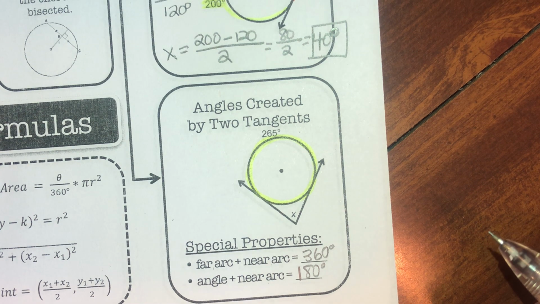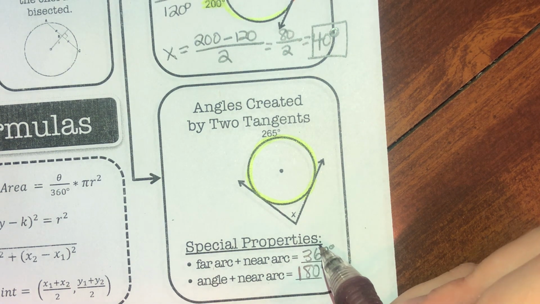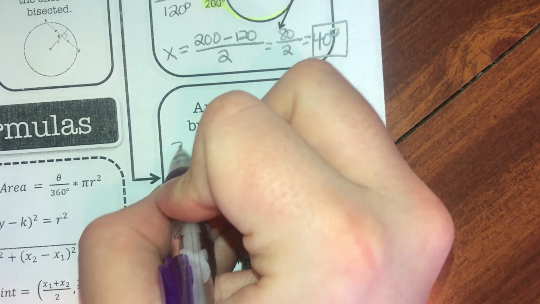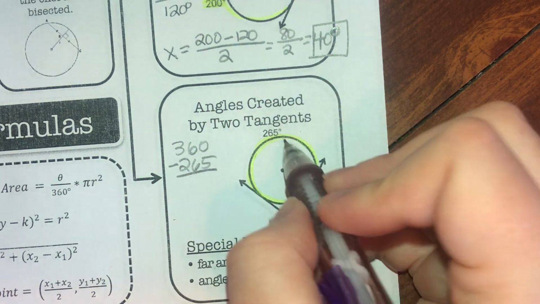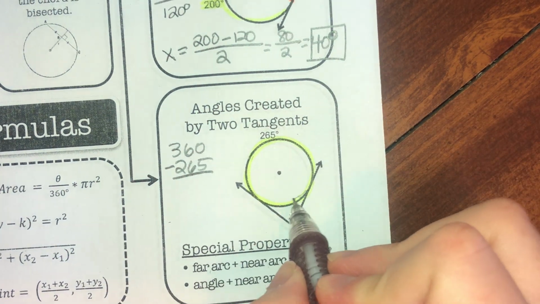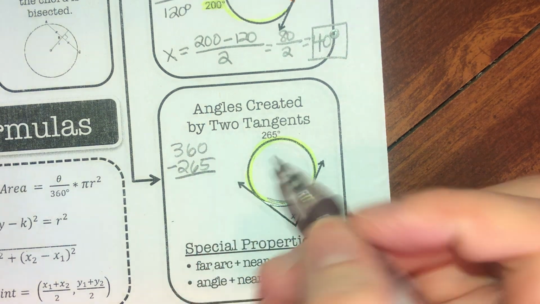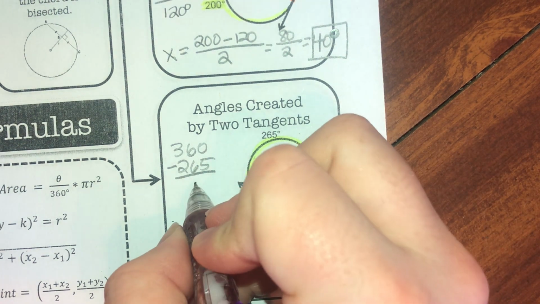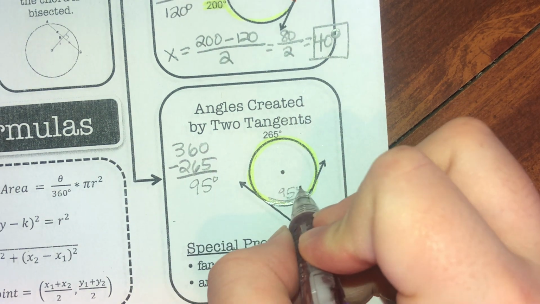All right, so to solve this problem, the first thing you want to do is subtract that 265 from 360, because we don't actually know right now how much that near arc is. That should leave us with 95 degrees for that near arc.